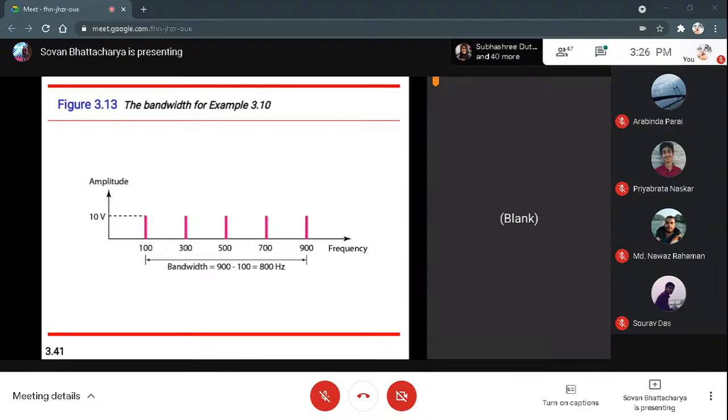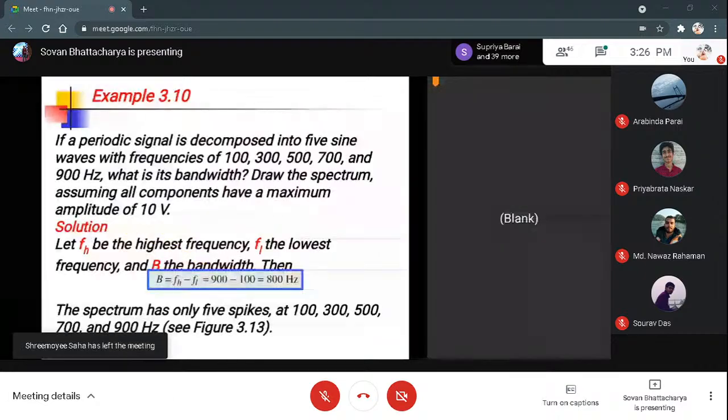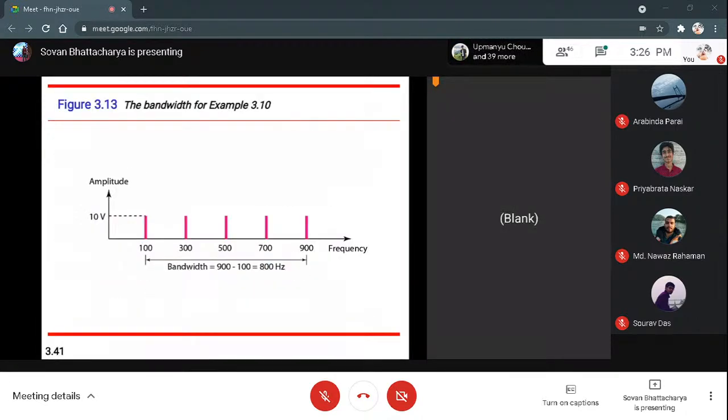This bandwidth difference is 800. All the amplitudes are 100, meaning the maximum amplitude is 100, that is the amplitude value. So now this is our spectrum: 100, 300, 500, and so on, and this difference is 800 kilohertz.